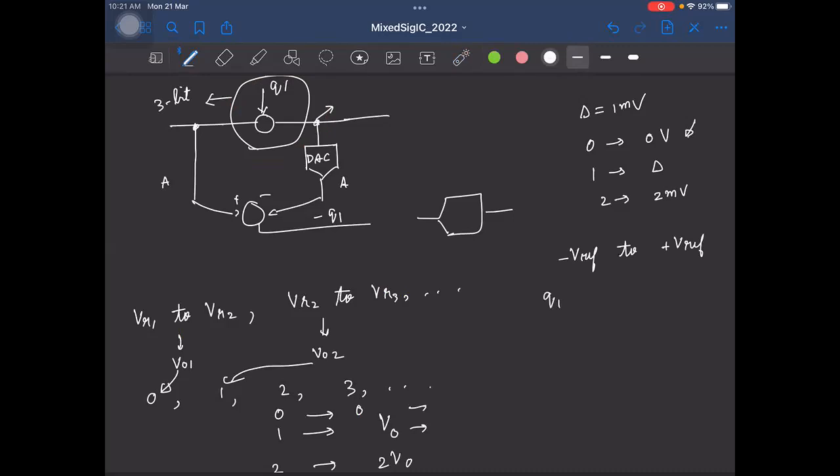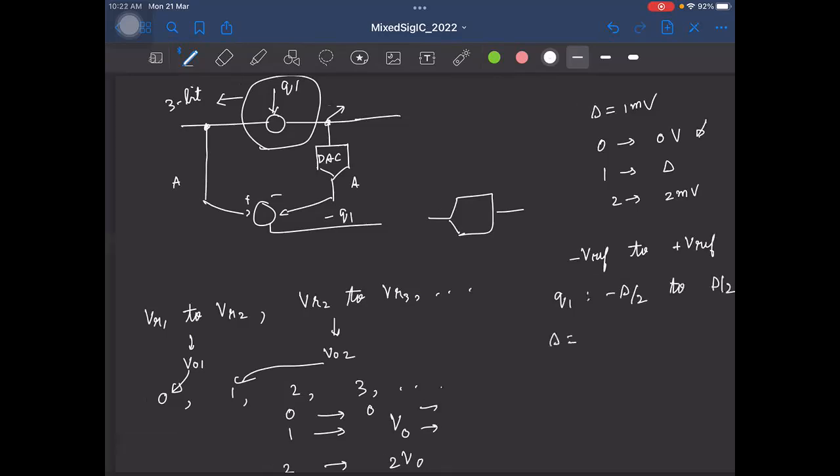Q1 is the quantization noise, right? Minus delta by 2 to plus delta by 2. So what is delta for this 3-bit ADC? 2 VREF by 2 power 3. So which means Q1 is going to span minus VREF by 2 cube to plus VREF by 2 cube.